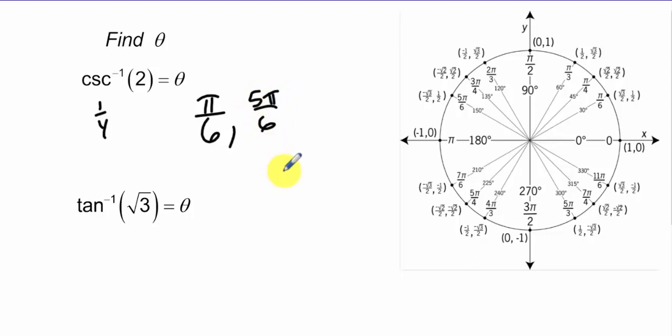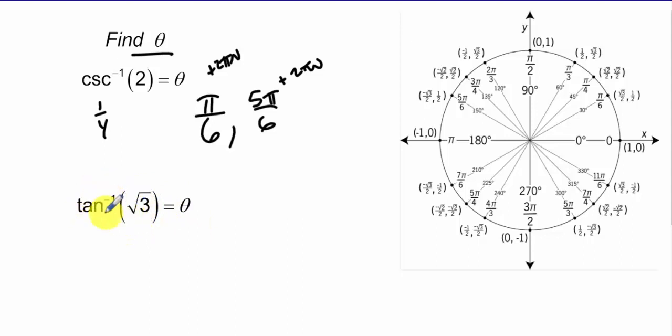And in theory, anytime I add 2 pi to one of those, I also have theta values that are equivalent to the inverse sine of 1 half. So if they're just asking me to find theta, I've got infinitely many answers.